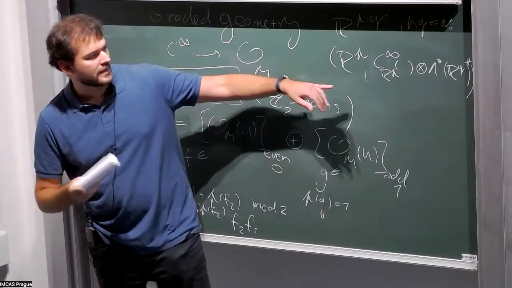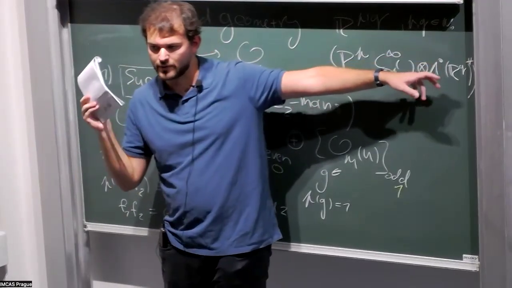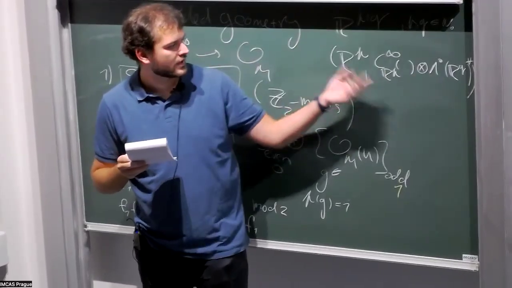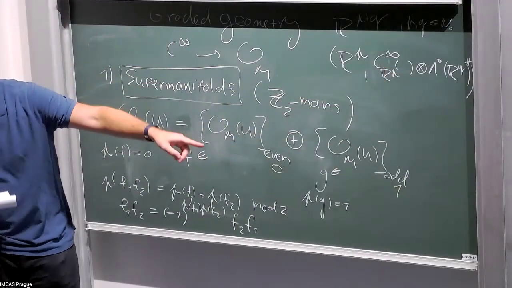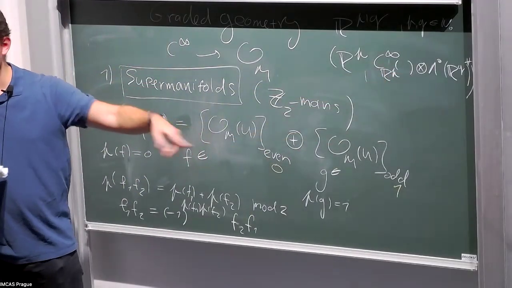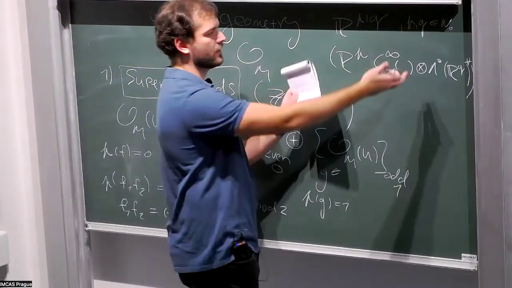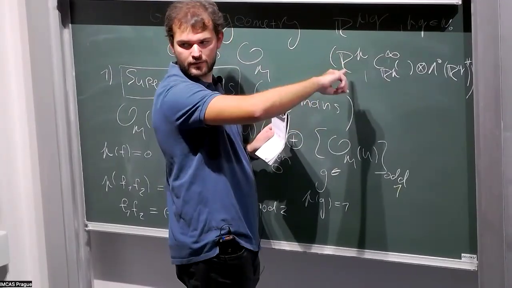So basically you choose a basis, take the dual basis as the graded coordinates, and then every function here is a polynomial in this sense. So every supermanifold is locally a piece of this, where you just restrict to some open set.